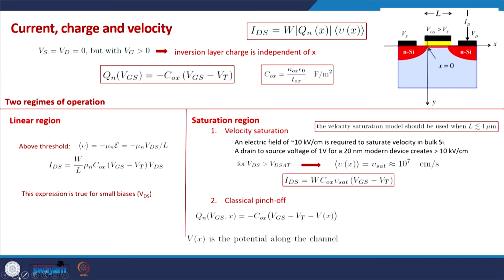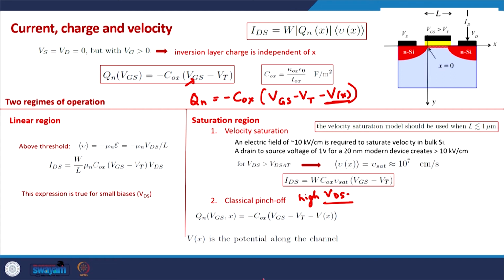So, in this case, in addition to the effect of the gate voltage on the channel, we also need to consider the effect of the drain voltage on the channel, because now high VDS is there. So, this channel charge will be minus Cox times Vgs minus Vt minus Vx, where this Vx is the voltage due to the drain voltage.